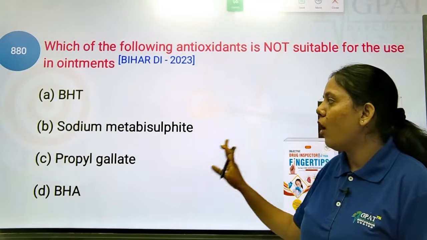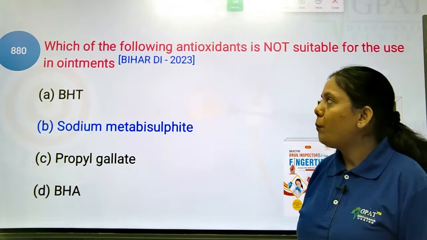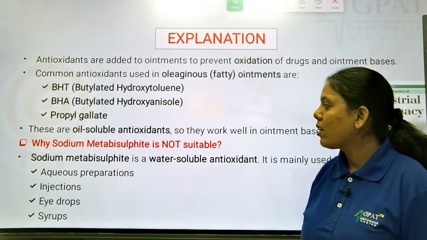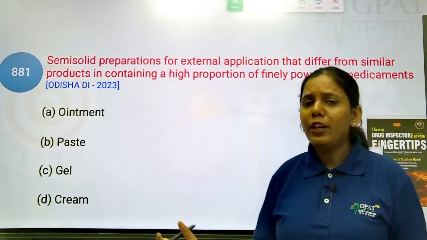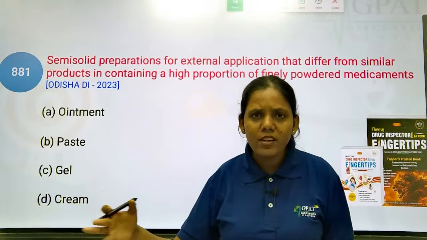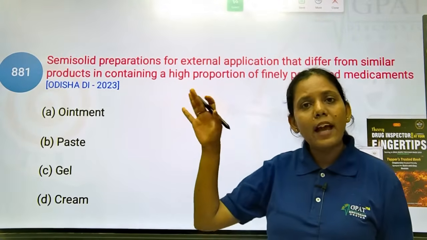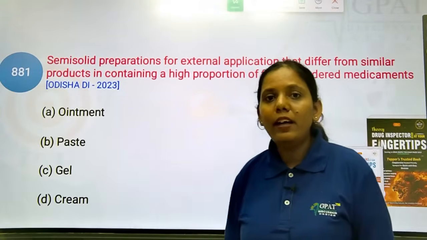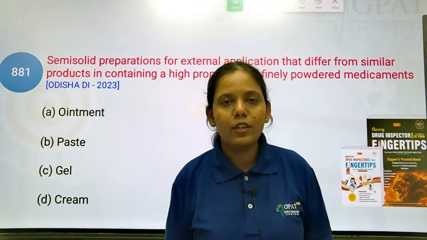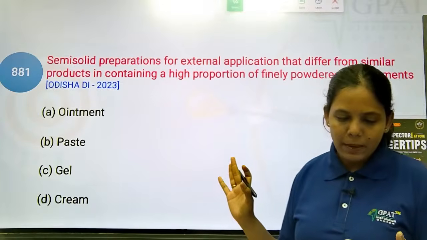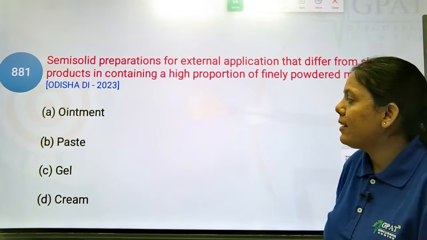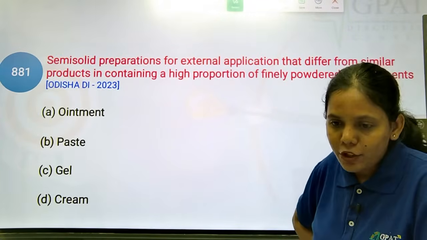You cannot use it in the ointment base. Option B is the right answer. You can use it in solutions, eye drops, ear drops, that kind of thing, where your entire dosage form is hydrophilic in nature. There you can use sodium metabisulfite. Okay?